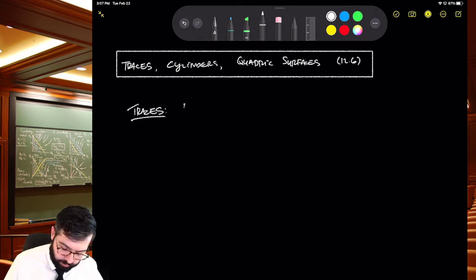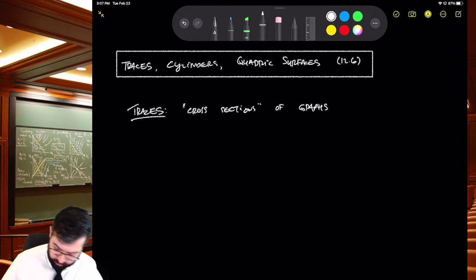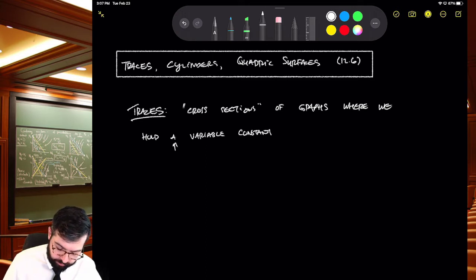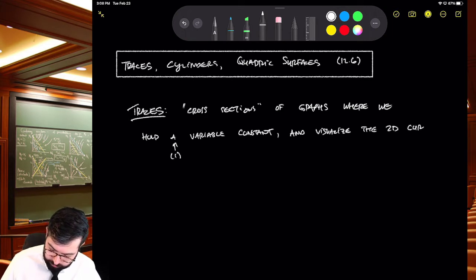So traces are really like cross sections of graphs, where the mechanics of it are to hold one variable constant and visualize the 2D curve associated with that equation.